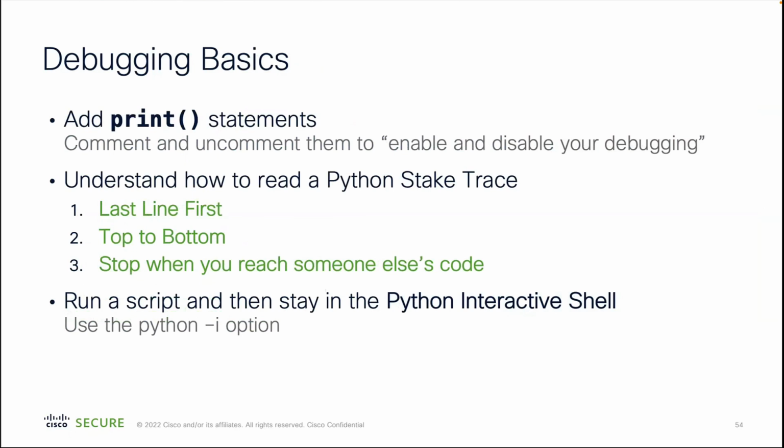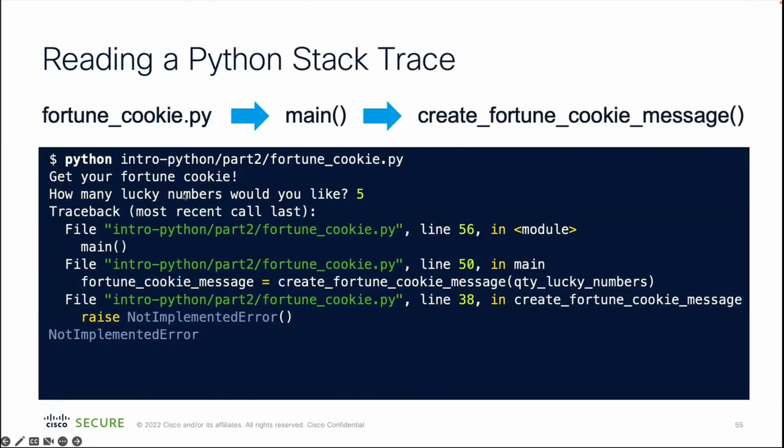If you encounter a traceback, and we will see an example on the next page, you would need to read the traceback from the bottom up. So actually, let's take a look at that one. Here's an example of a traceback for one of the exercises that you will be doing, or have been doing already, in this lab. We have to read it from the bottom up. Here we see a NotImplementedError, and we will see that it first occurred in line 38, in the function create fortune cookie message, when we executed the script.